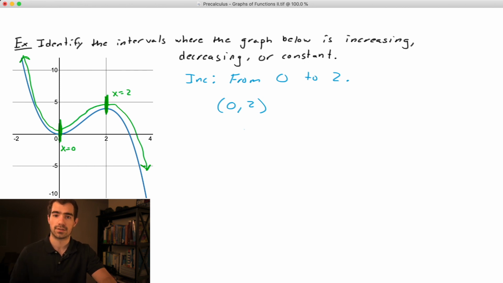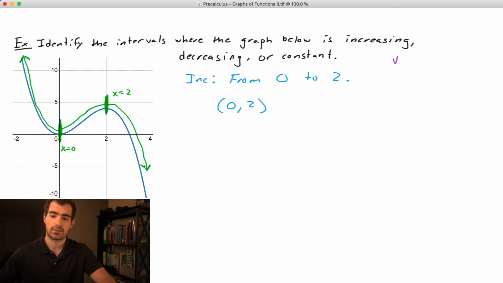I think it's probably important now to step in as well and note that when we use a word like where or when, we're usually going to be talking about the x values. So rather than saying this is increasing from a value of 0 to a value of about 4, referring to the y-axis, when we talk about where or when, we're going to be talking about the x values.